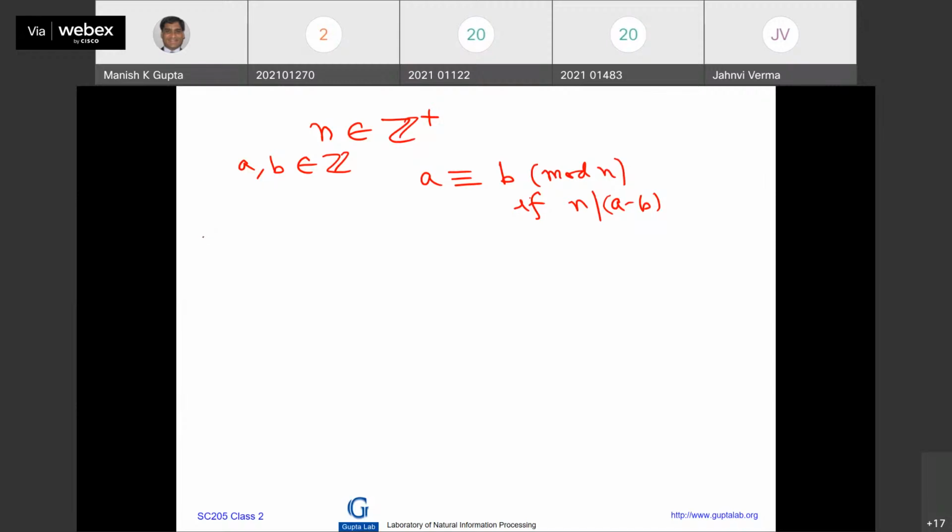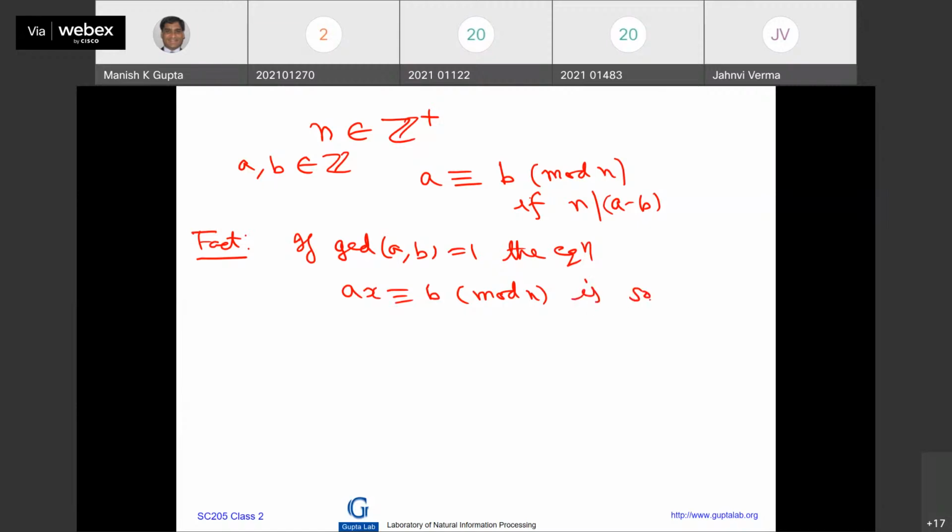Now I'm going to prove one result or fact. If GCD of A and n is 1, then the equation AX congruent to B mod n is solvable and its solution is unique.